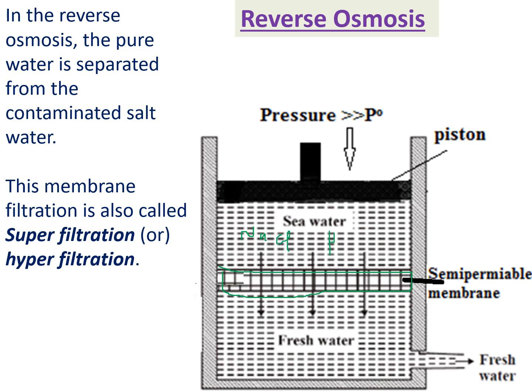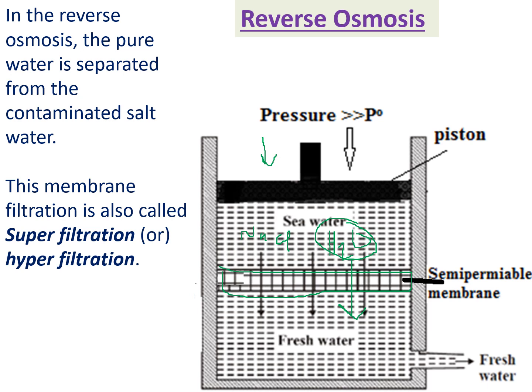When you apply more pressure than the osmotic pressure on the concentration side, only the water molecules move from the concentrated side to the diluted side through the semi-permeable membrane.